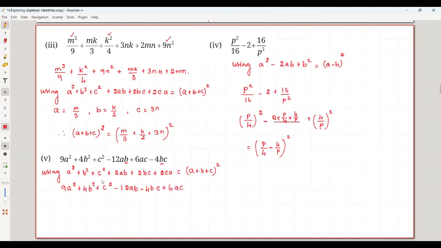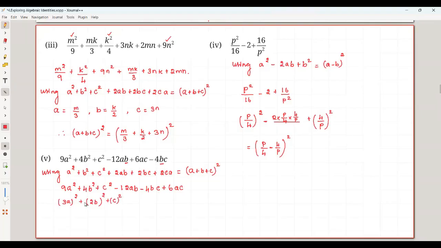According to the formula format, I am just bringing it: ab, bc and ca. ca is nothing but ac. Now we have to check. Now just convert 9a square into a the whole square format. This can be written as (3a) the whole square plus 4b square means (2b) the whole square, plus (c) the whole square.